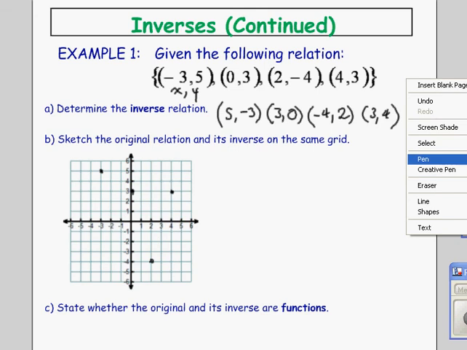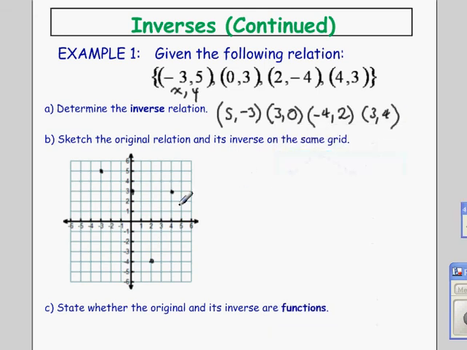Now if I sketch the inverse, that's our new points, I'm going to do them in blue. We have (5, negative 3), (3, 0), (negative 4, 2), and (3, 4).